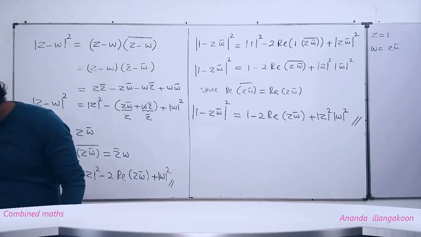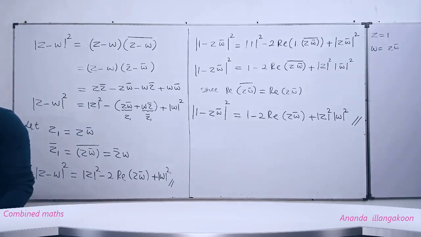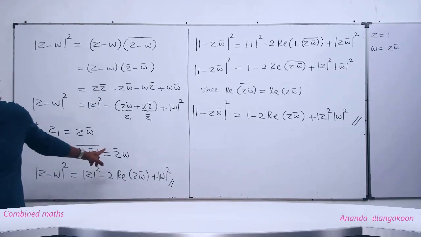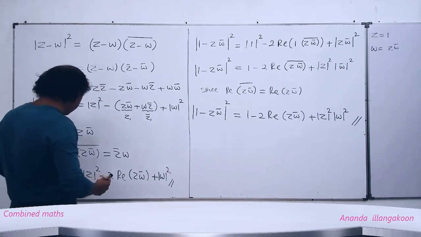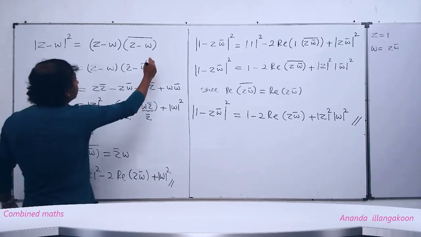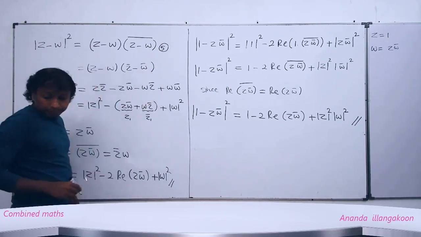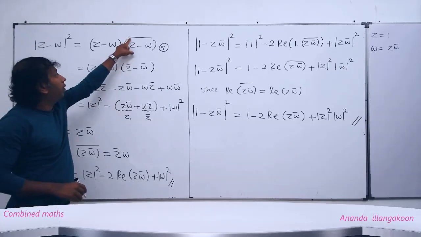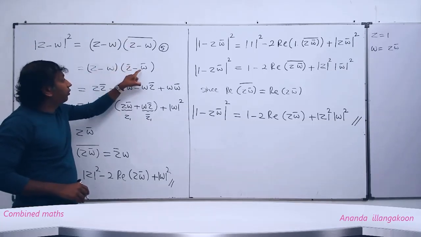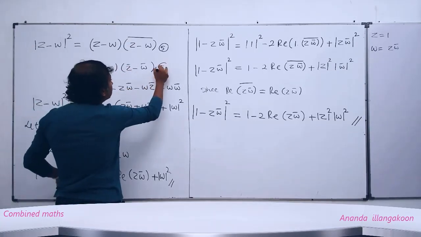Now here the mark distribution when I give you. For the first part, people, prove this, 5, 5, 5, 15 marks coming. For this one, 5 marks given. And apply this conjugate on this and this, another 5 marks.